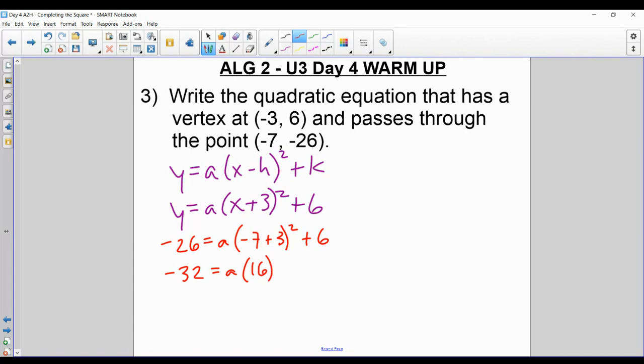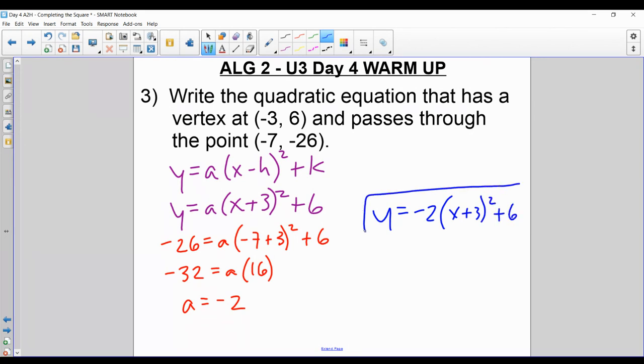So I've got 16a equals -32, so a is going to be -2. So my equation is -2 times (x + 3) squared plus 6.